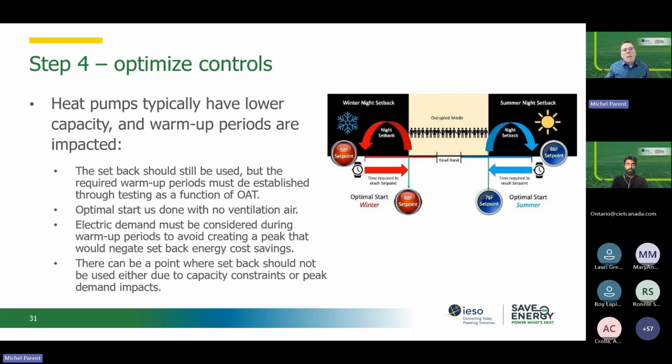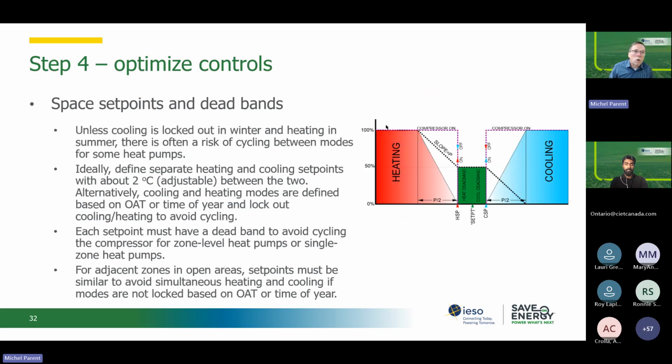So you need to re-establish a new schedule for your night setback. And sometimes that schedule will actually modulate based on outdoor temperature. If it gets really, really cold, your setback will not be as deep because your recovery period would be too long. So it's really important not to just blindly use what was there before in terms of set point control.